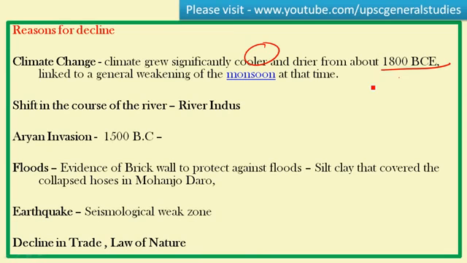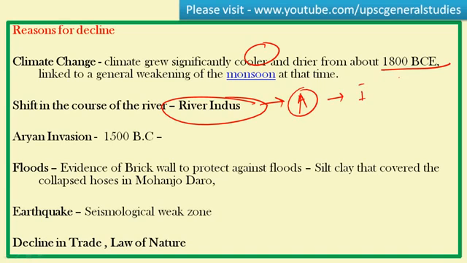The next is the shift in the course of the river. Second reason is that the river Indus is the lifeline of Harappan civilization, because the major occupation was agriculture, which depended on the Indus River, which inundates the floodplains with fresh, fertile silt every year, on which the Indus people grew various food grains like barley, rice, and wheat.